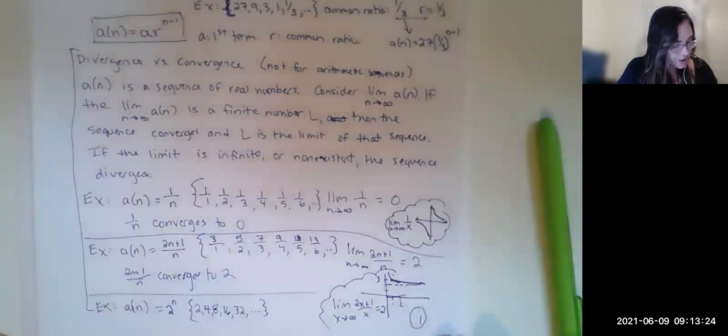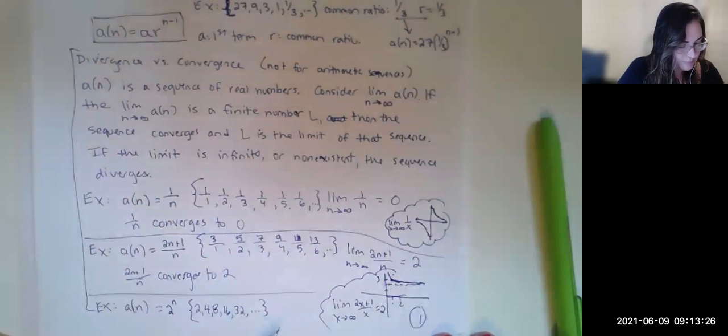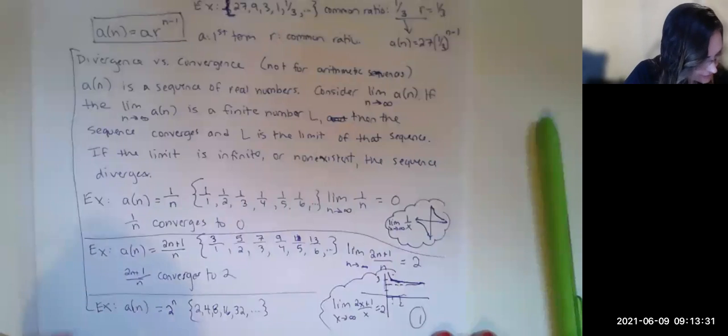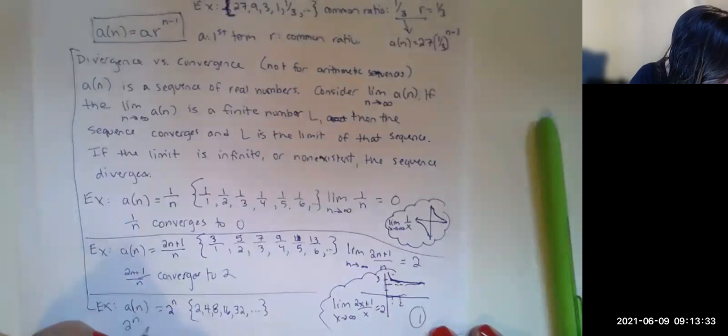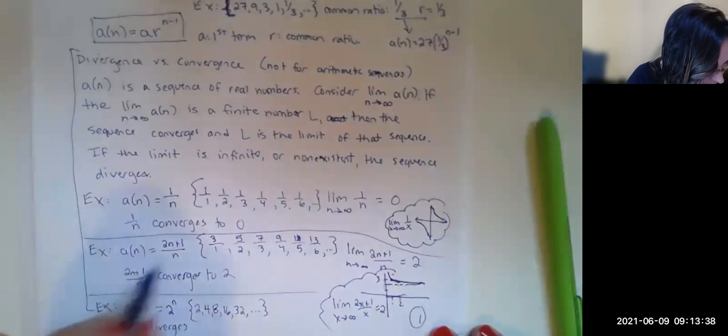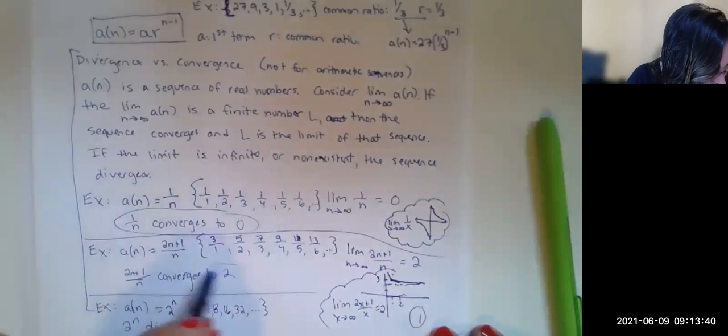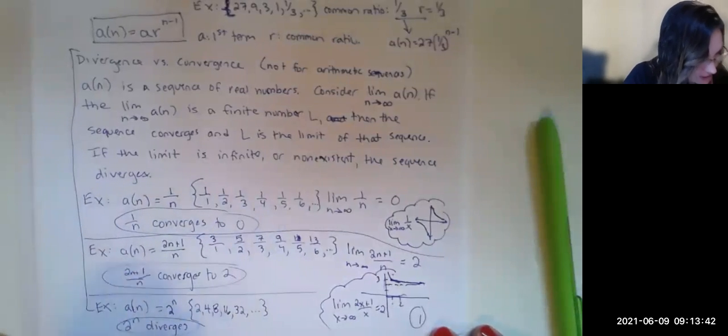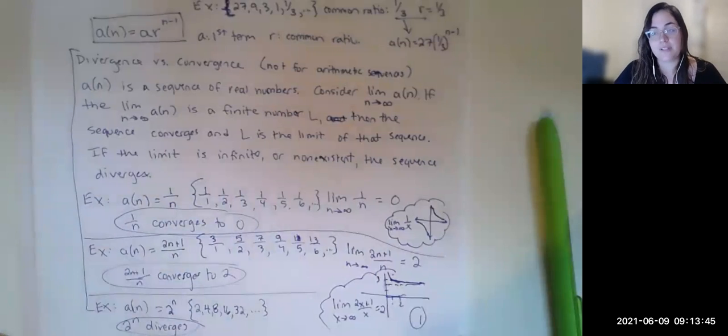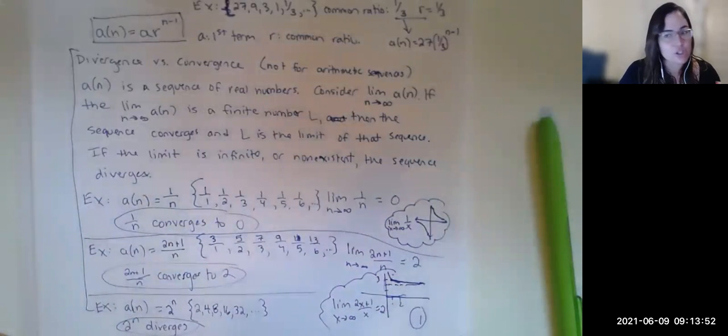Are we getting closer and closer to a finite number? No, we're not. So in that case, we can just stop right there and say 2 to the n diverges. We don't have to say that it diverges to anything. If it doesn't converge to a number, it diverges, so you don't say diverges to infinity or diverges to DNE or anything like that. Just say it diverges.